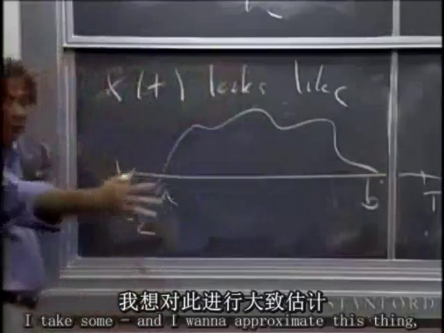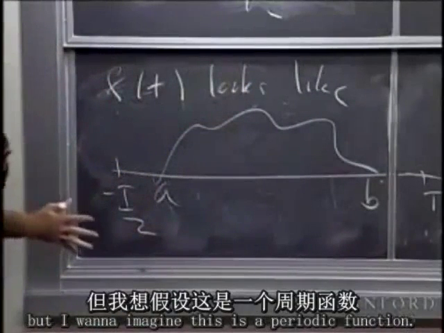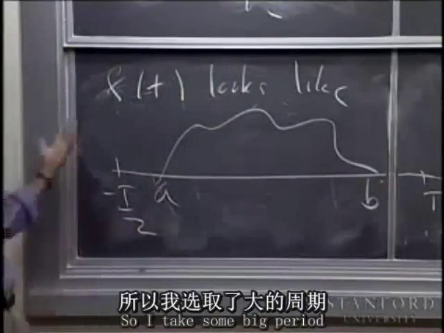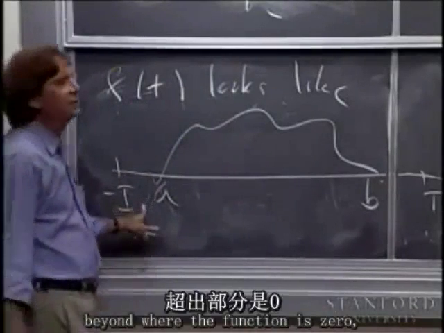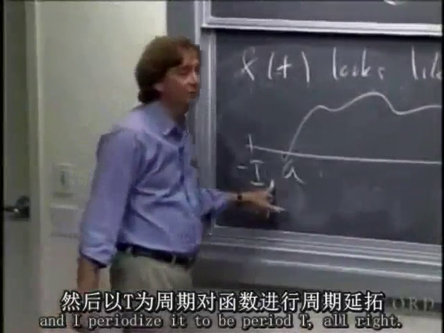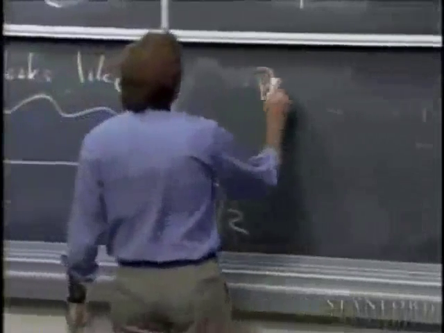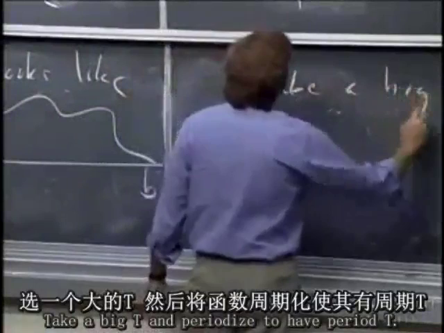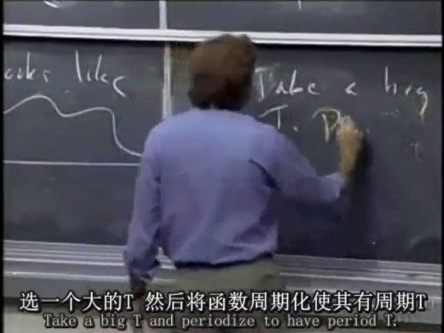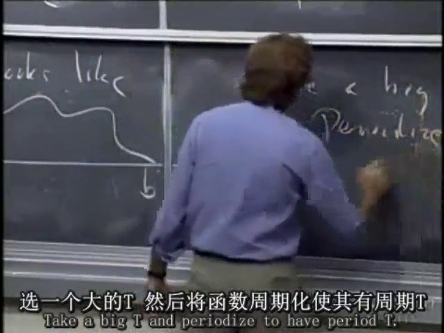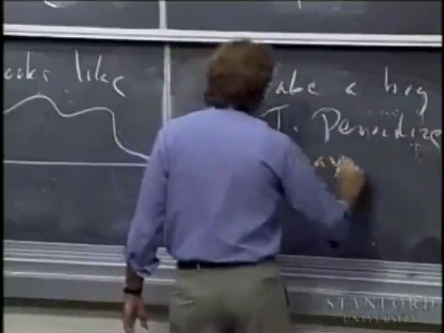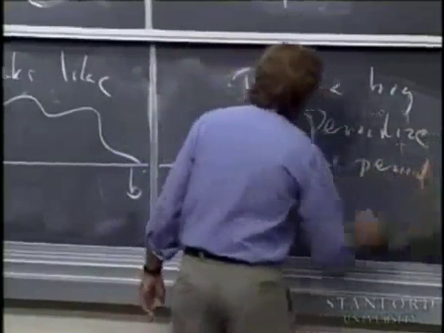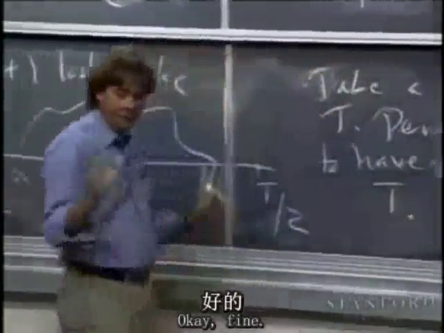I want to approximate this thing by imagining it's a periodic function. So I take some big period beyond where the function is 0, and I periodize it to have period T. Okay, fine.